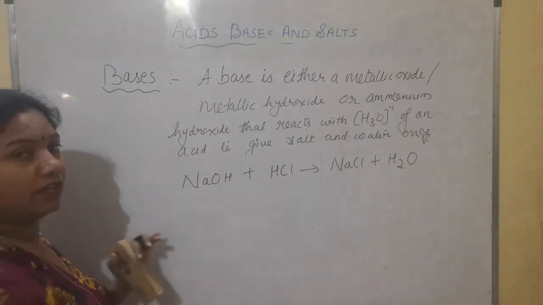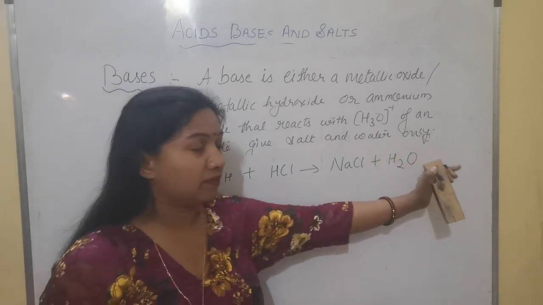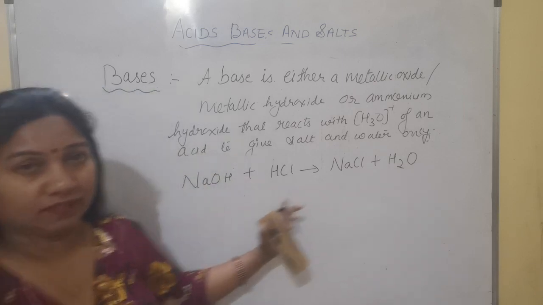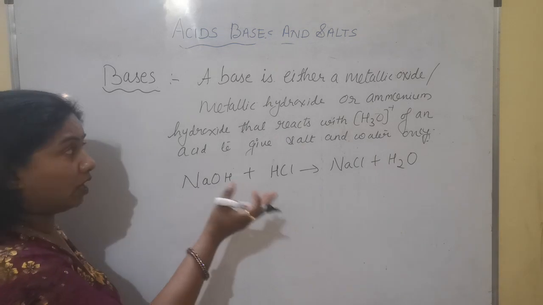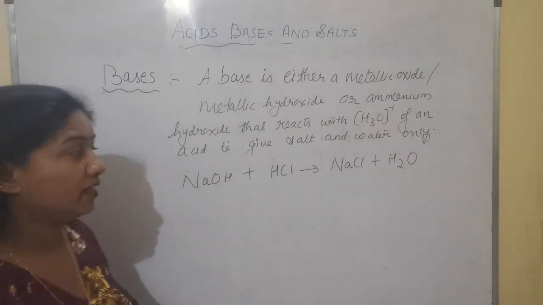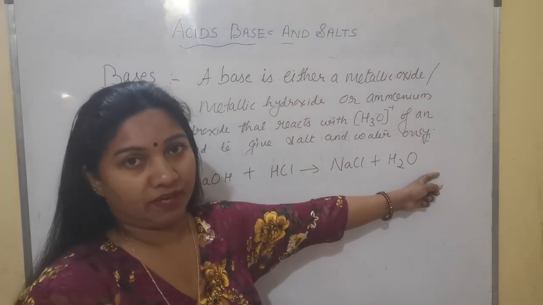So the word only is very important over here. If you are getting another compound along with these two products, then it is not a base. For a compound to come under the category of base, it is a mandatory requirement that it gives only salt and water. Nothing else could be there.